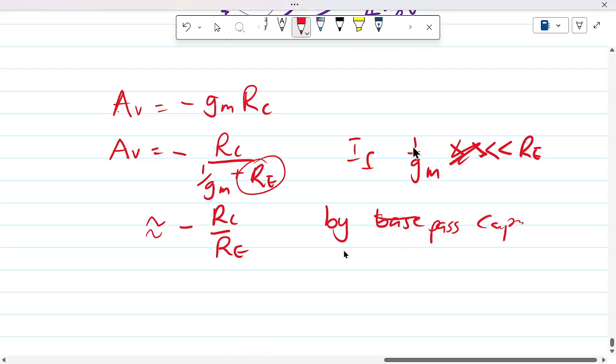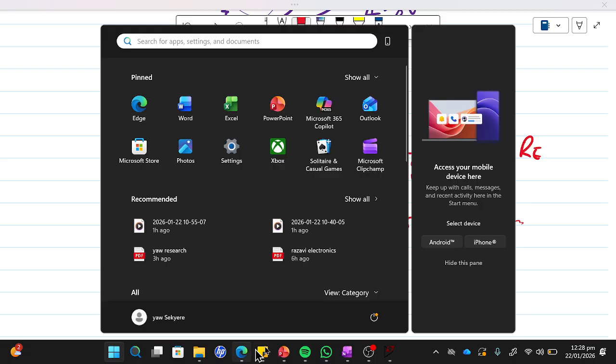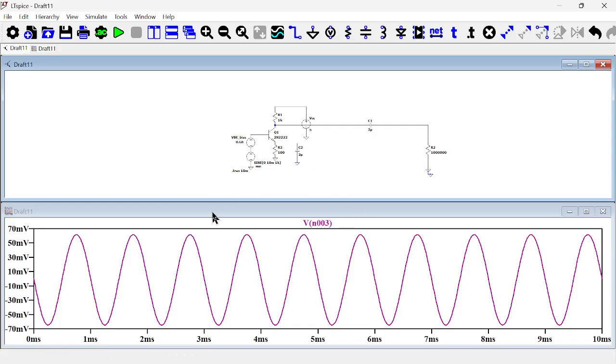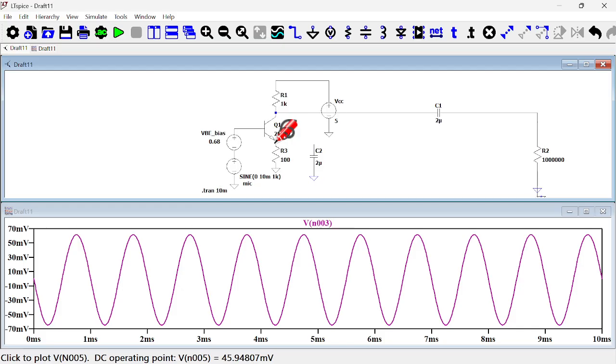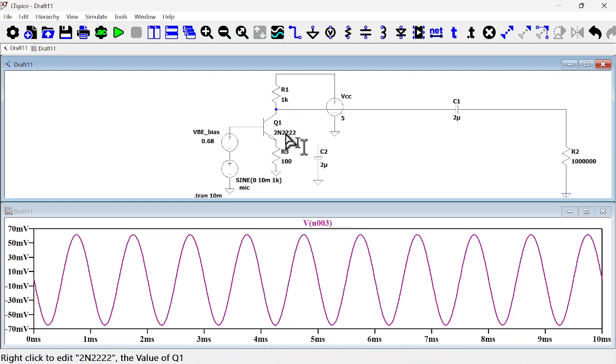Let me illustrate that. So without the bypass capacitor, both the AC and the DC current are being affected by the emitter degeneration, and it has its own advantage. From the previous playlist, you will understand what it does.